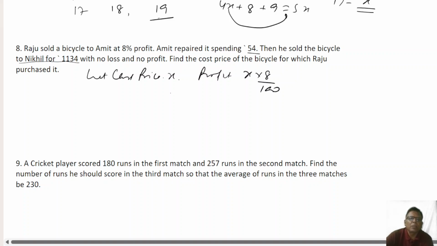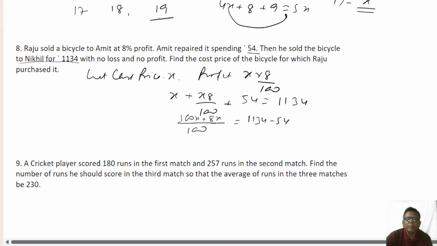So the total price to Nikhil is Amit's price x plus 8x by 100, and he has spent 54 rupees also. So that will be 1134. So you take 100x plus 8x is equal to 1134 minus 54, which is 1080.